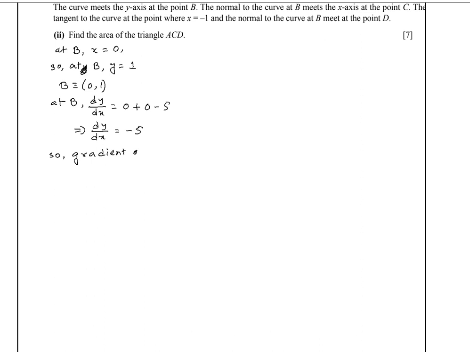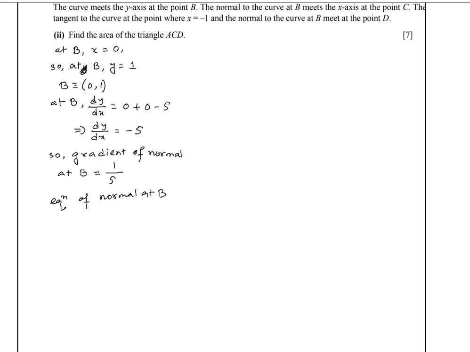Now let's find the gradient of the normal at B. The gradient of the normal at B will be 1 over 5. Now I have the gradient of the normal and I know the coordinate of B, (0, 1). So I can easily find the equation of the normal again using the formula y minus y1 equals m times x minus x1.